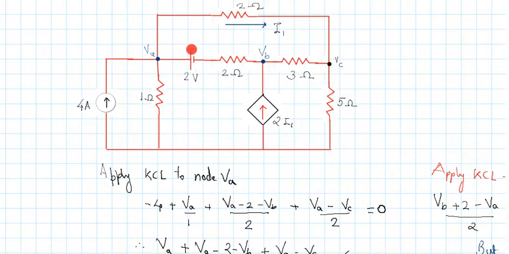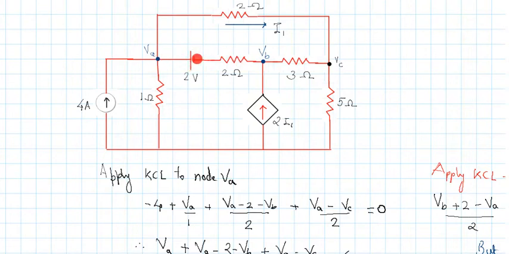And hence I need to add this particular voltage when I am considering current in this direction. Correct? So the equation turns out to be VB plus 2 minus VA upon 2. This is what will be the equation of this particular branch, right? Because the polarity of this particular voltage source is opposite to what we were considering earlier, right?